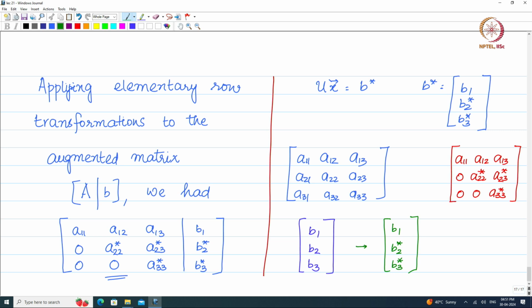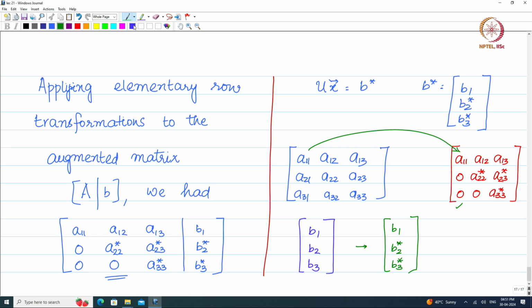Now, if you do a column to column comparison, it is very interesting to see that a vector in 3D with components A11, A21, A31 gets transformed by our series of elementary row transformations to a vector which is just along the first axis, A11, 0, 0. That means this vector A11, 0, 0 is along the E1 axis itself.